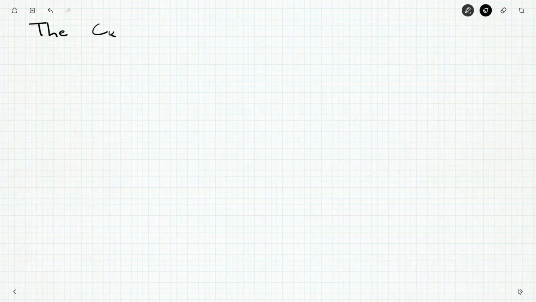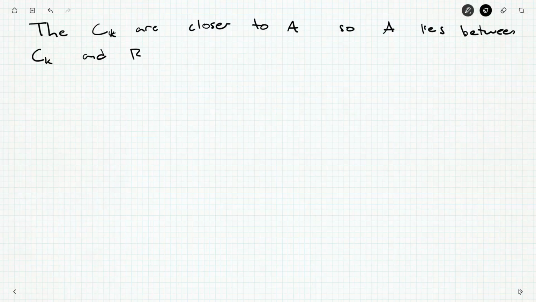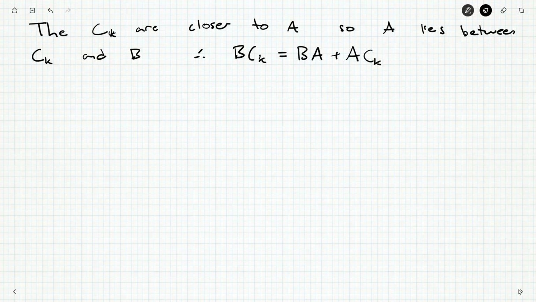The CK are closer to A. So A lies between CK and B, and that tells me that BCK can be split up into BA plus ACK.